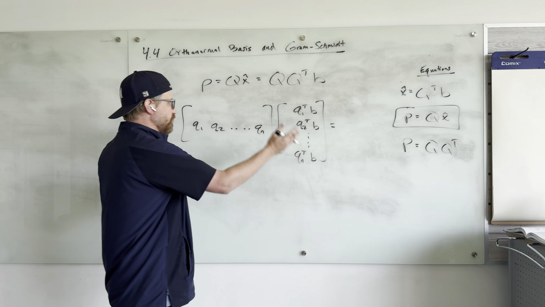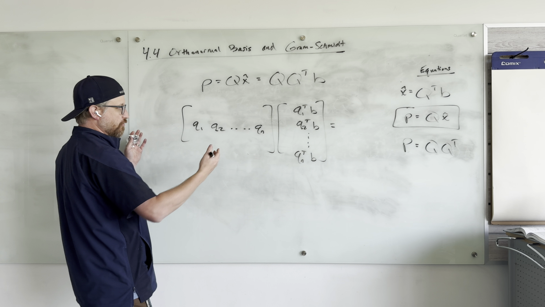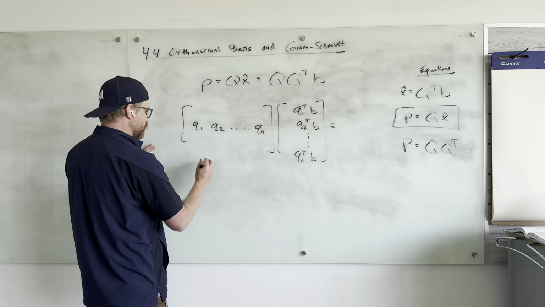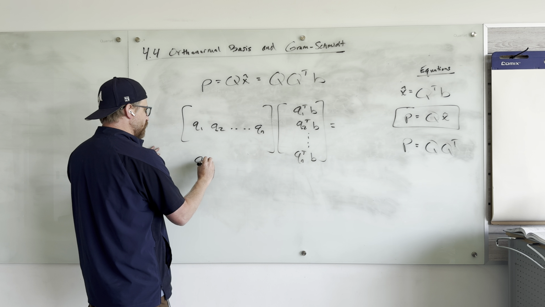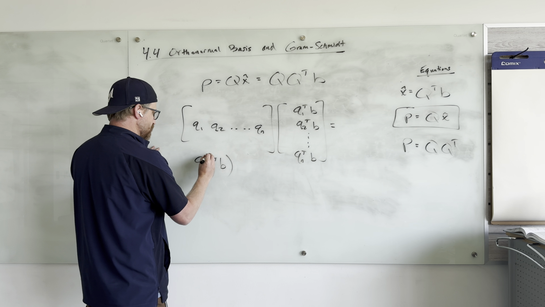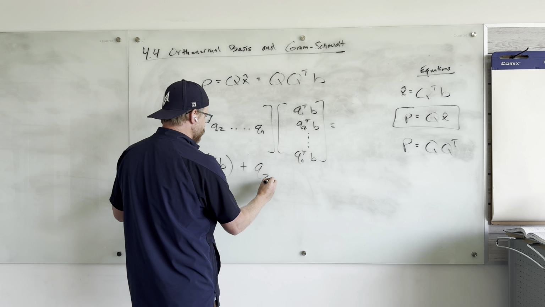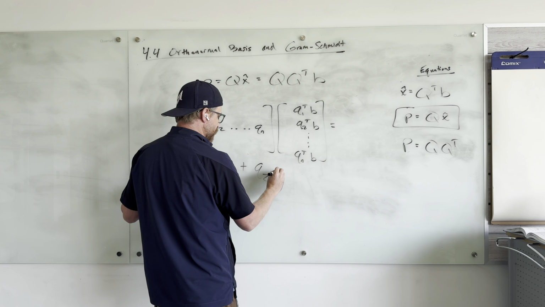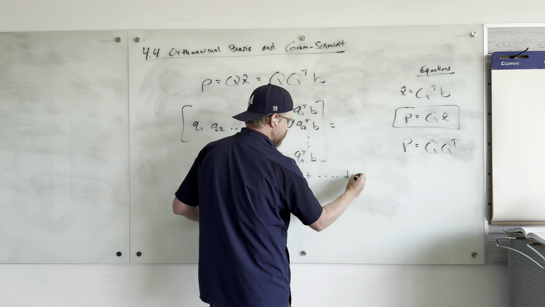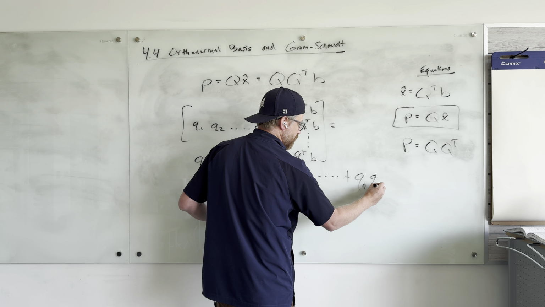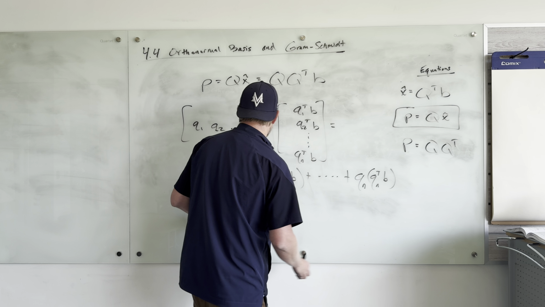If we were to do this multiplication, notice that our projection, our answer, is going to be q1 times q1 transpose b, plus q2 times q2 transpose b, plus all the way down to qn times qn transpose b.